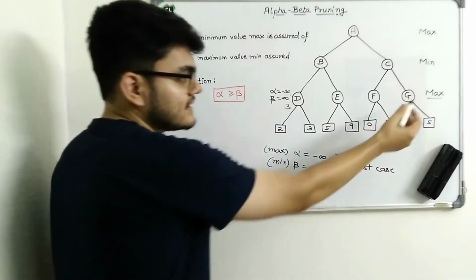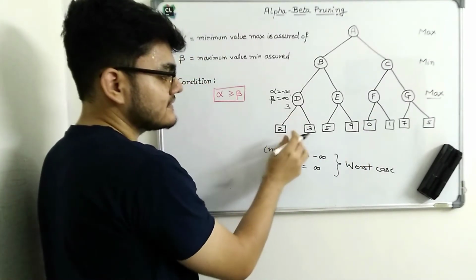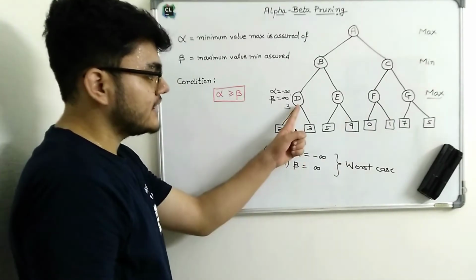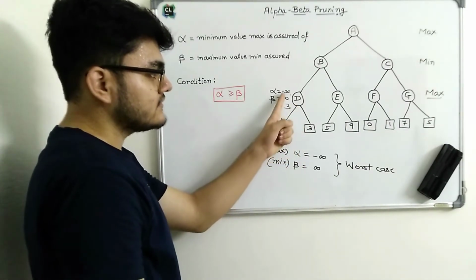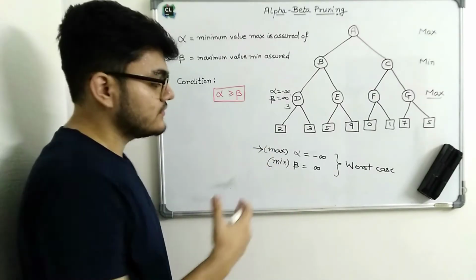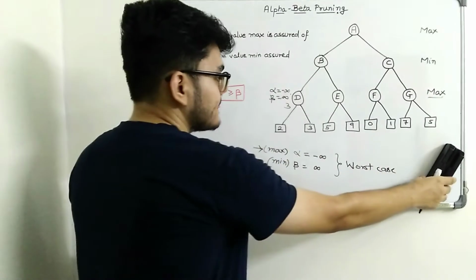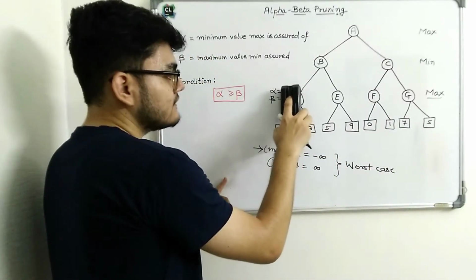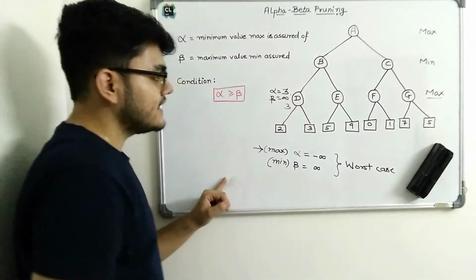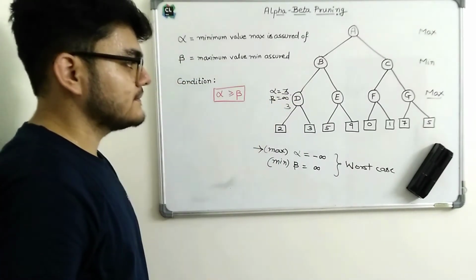Now the maximizer says that out of 2 and 3 I've got a value of 3 which I've assigned to this node. Now I will change the value of alpha because the maximizer has the right to change the value of alpha. So now the value of alpha will be changed from minus infinity to 3, right? So now the value of alpha is 3.